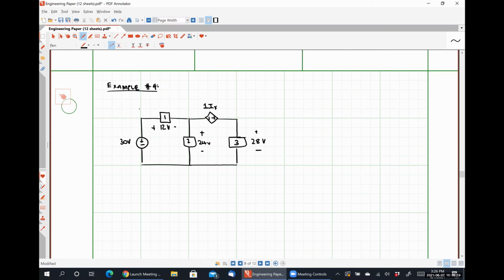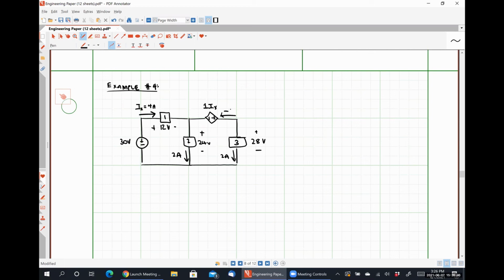And let's say that my current IX is 4 amps. Actually, let me draw this better. And it is defined to be this current flowing through element 1. I have a current of 2 amps flowing down through this guy, a current of 2 amps flowing down through this guy.